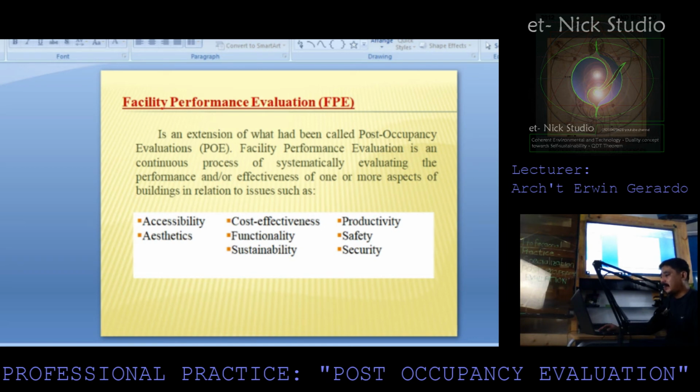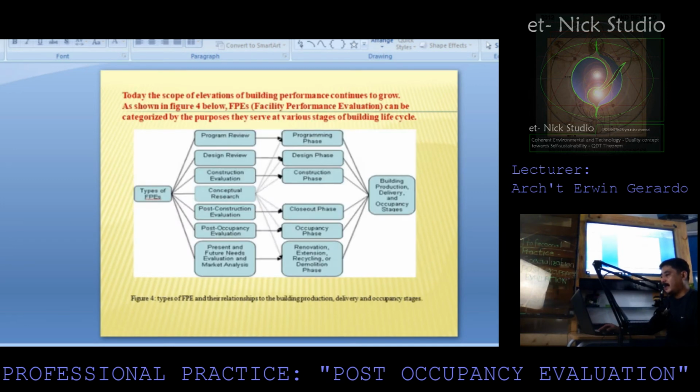Facility performance evaluation is a continuous process of systematically evaluating the performance and or effectiveness of one or more aspects of a building in relation to issues such as accessibility, aesthetic, cost effectiveness, functionality, sustainability, productivity, safety, and security. Today, the scope of evaluations of building performance continues to grow, as shown in figure 4 below.